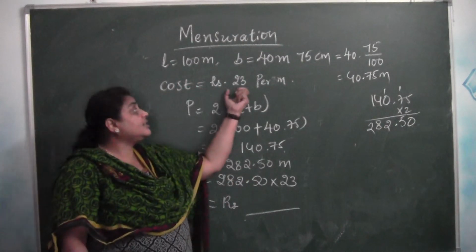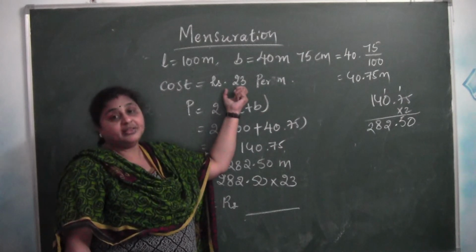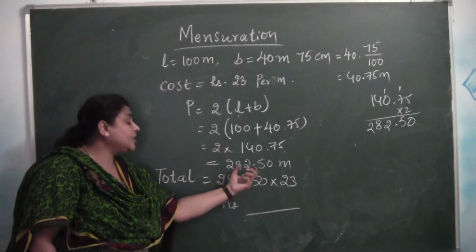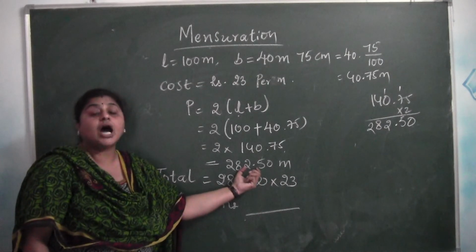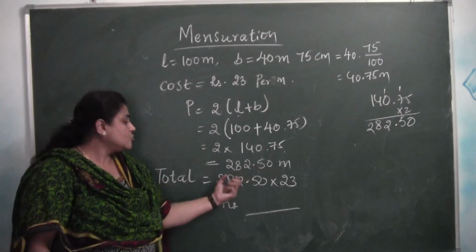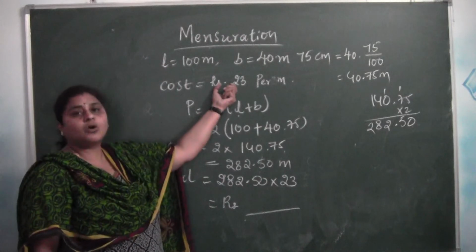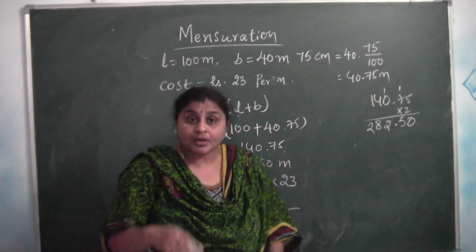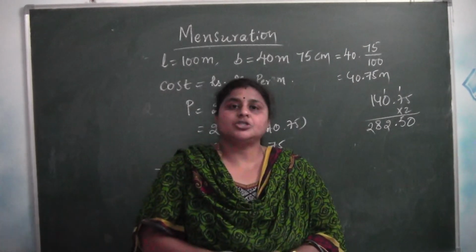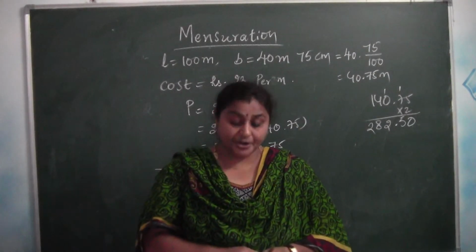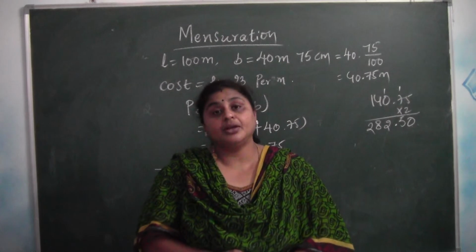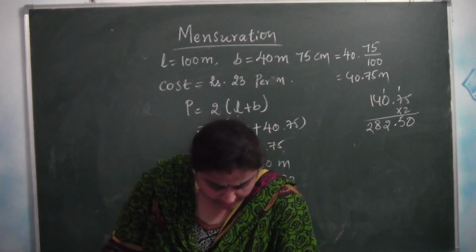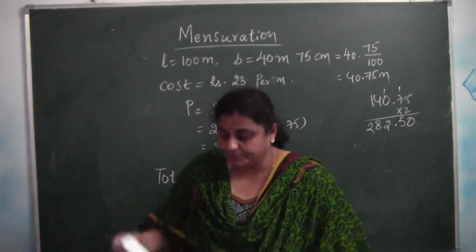Cost for 1 meter, they have given 23 rupees. Then for the total length, how much would it cost? So total perimeter into cost per meter will give you the total cost to build the boundary of a given rectangular plot. Understood, children? Next, let us see your 5th question.